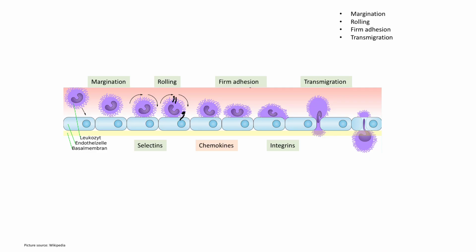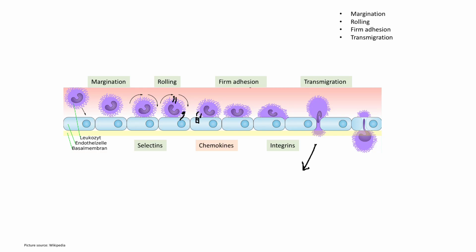Integrins are normally present in a low affinity form. Interaction of chemokines with neutrophils changes integrins from the low affinity form to the high affinity form. This high affinity form of integrin then binds to integrin ligands present on the endothelial cell surface, and this provides strong binding of neutrophils to the endothelial surface.